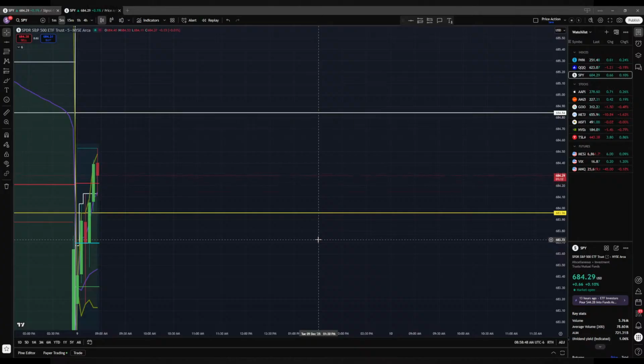Down 4 cents per contract. Come on, let's push up there to the overnight high. At least test it.